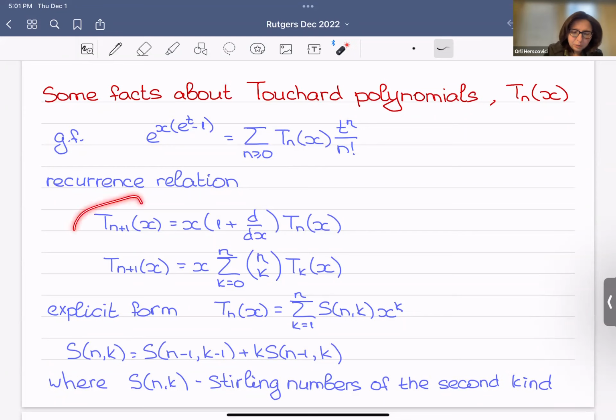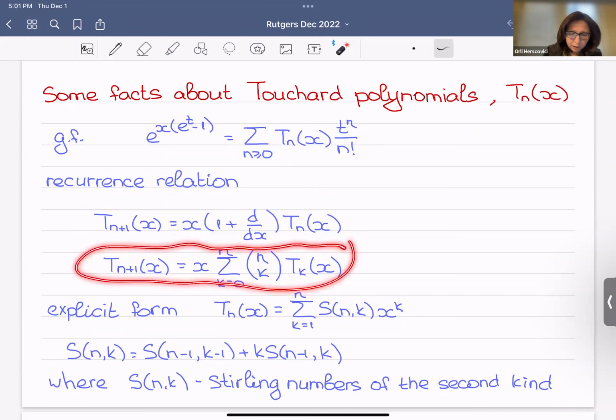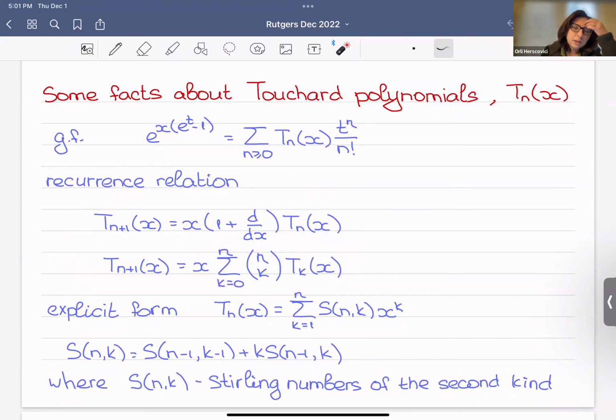For example, here we can see one of the recurrence relations, which contains the polynomial itself and the derivative of the polynomial. We can define it from another recurrence relation, of binomial type, for example. And of course, we can write it explicitly.